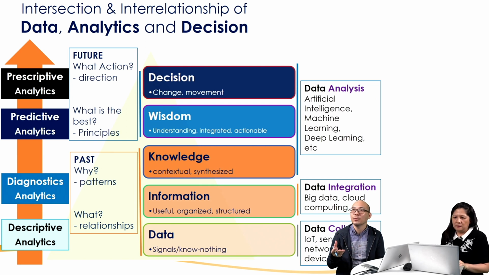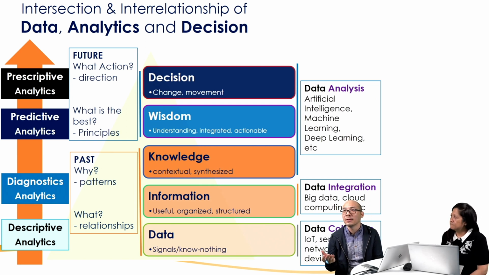I think the more important thing is that no data, no project, right? So the company must start somewhere, someplace, sometime to get started with the data journey, which is the data collection, data integration, all the way to data analytics, right?